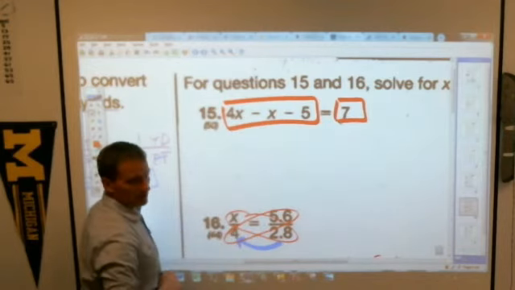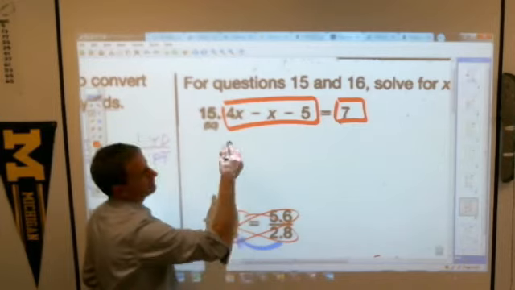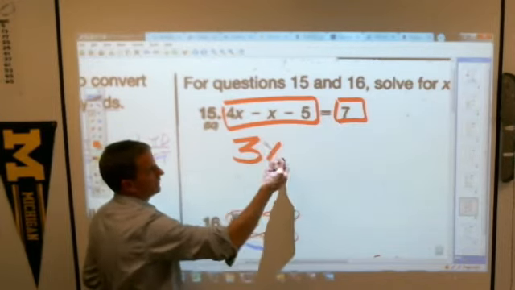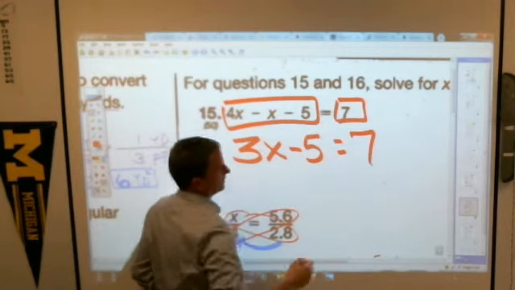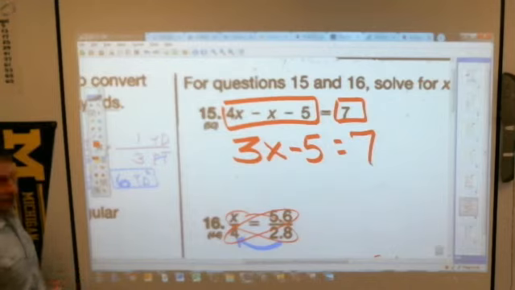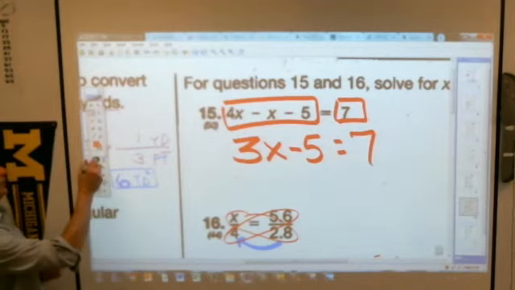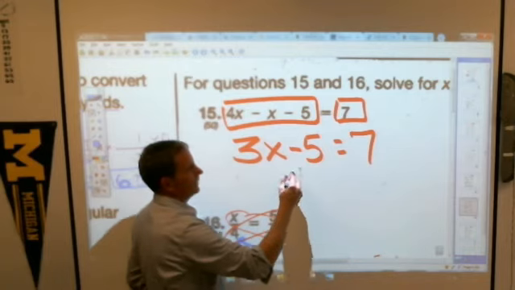If I have 4x, subtract an x from that, I have 3 x's. The minus 5 sticks around because I can't do anything with that. Now I've simplified everything I can by adding and subtracting. I move things. What do I have to move? I can get rid of the 5 by doing what? Subtracting 5. Nope. Or adding 5. Add. You always do the opposite. It's minus, so I add.